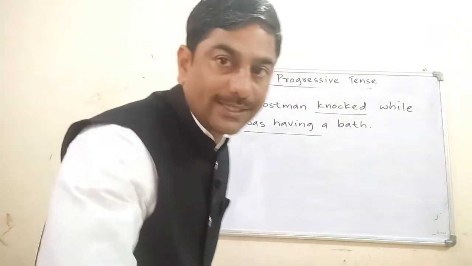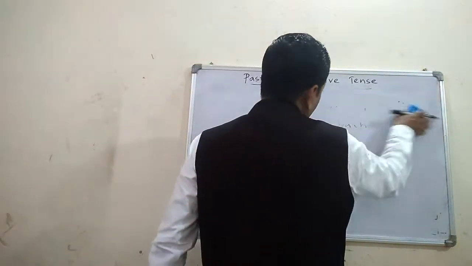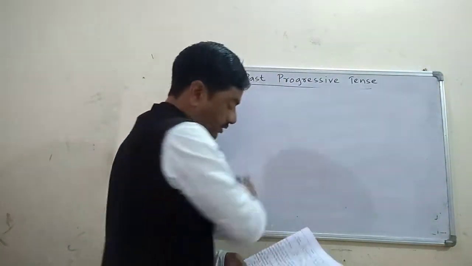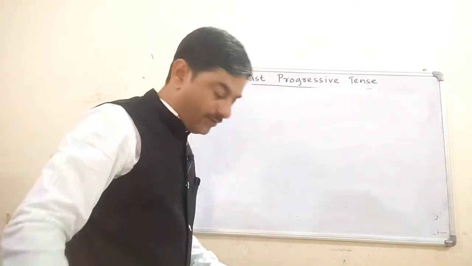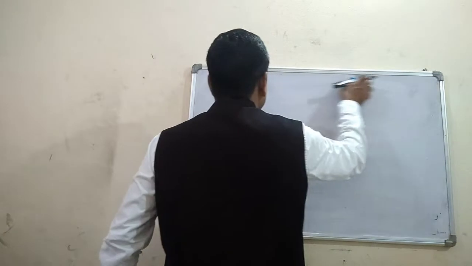So we will solve an exercise. In that exercise you have to make use of simple past and past progressive tense. What is the exercise? What have they given in the exercise?